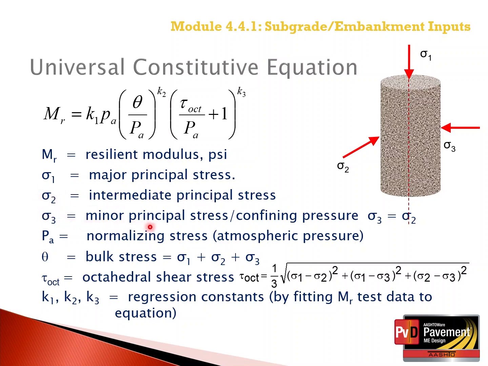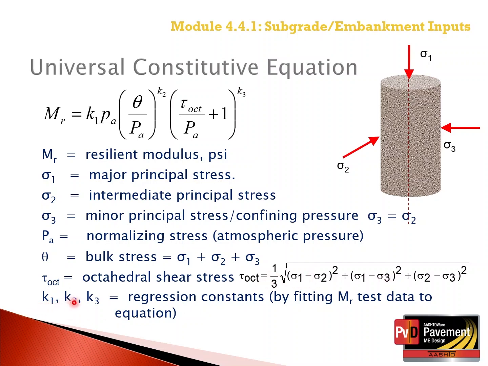Sigma 3 is the minor principal stress. Those are schematically illustrated on this simulated test specimen. PA is the normalizing stress, or the atmospheric pressure. Theta is the bulk stress, which is sigma 1 plus sigma 2 plus sigma 3.